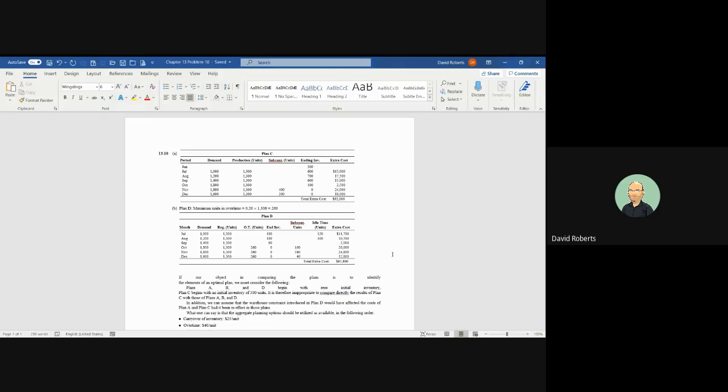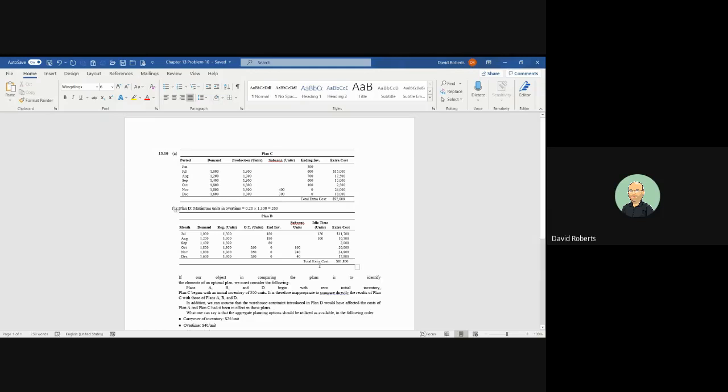So that's given to you in the particular question. So you take the $60, multiply it by 400, and you wind up with 24,000. You total up the extra cost of 92,000. So that's how much extra it's going to cost you.